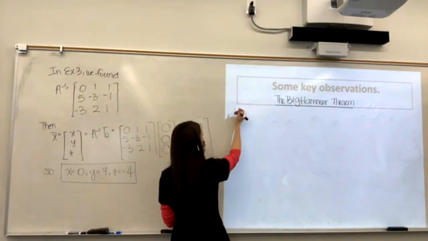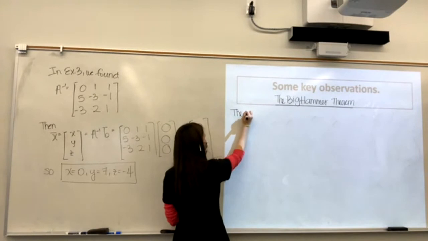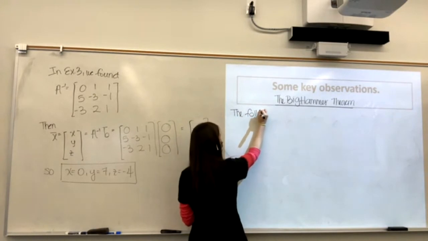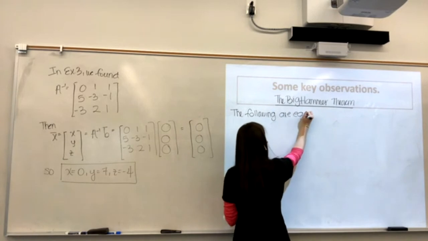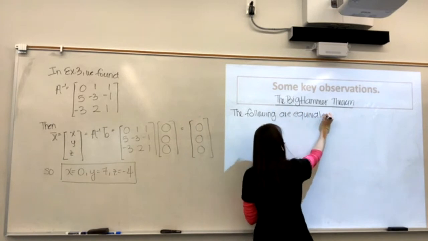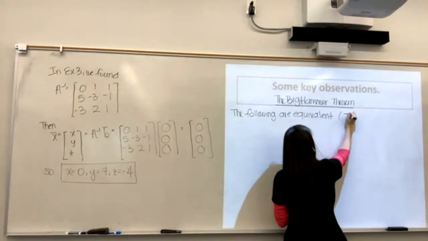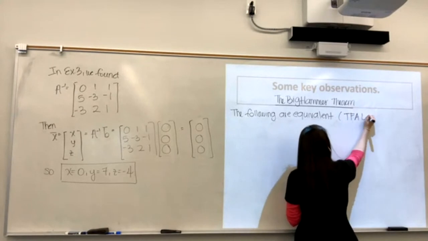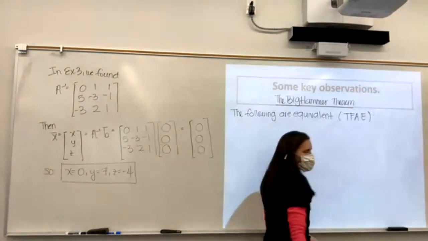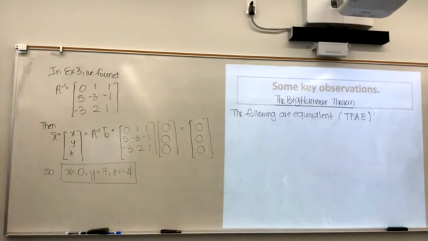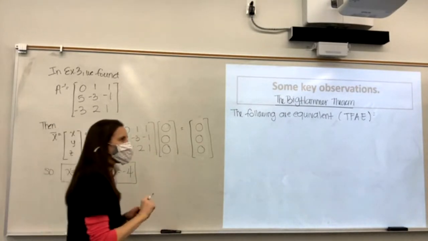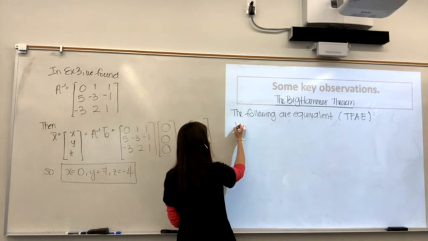Okay, so the Big Hammer Theorem says that the following are equivalent. And in math, that's often abbreviated TAE. So sometimes you'll see that abbreviation. The following are equivalent. Okay, so let's write them down, then we'll unpack them.